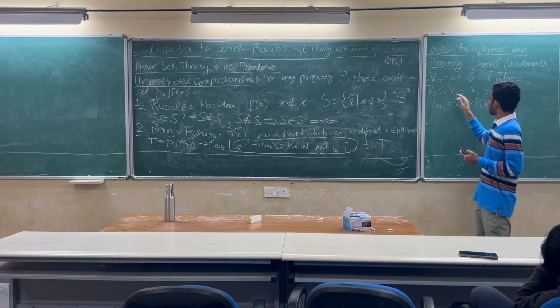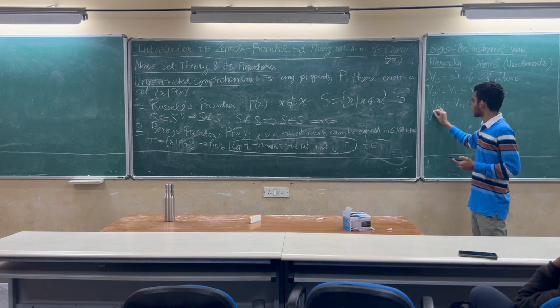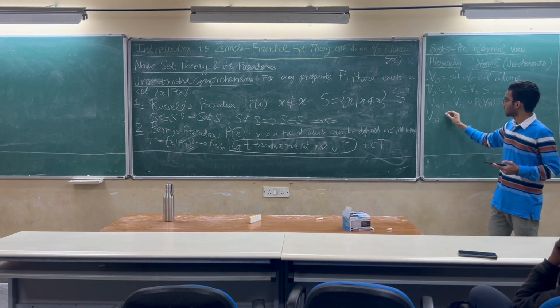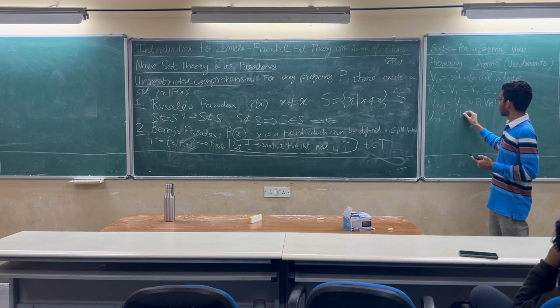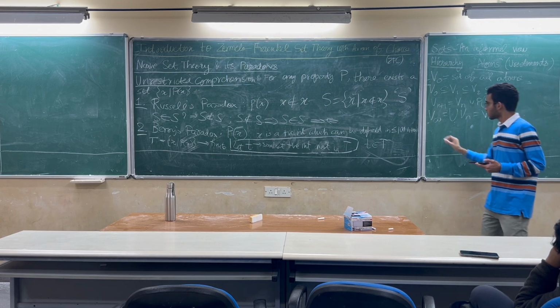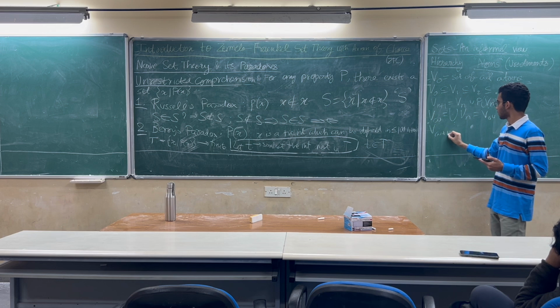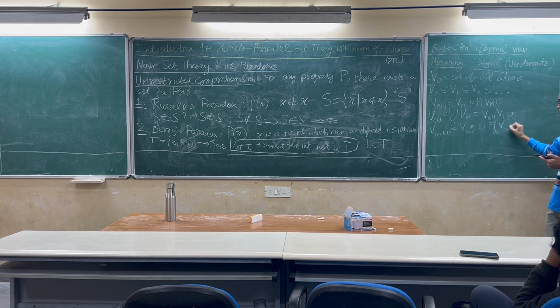Then we keep going for each natural number, and then we have to define something called an ordinal number, which will be the next level of all of these. That will be the union of all, so the union of V0, V1, and so on. And then again we continue. V omega+1 is just V omega union the power set of V omega, and so on.